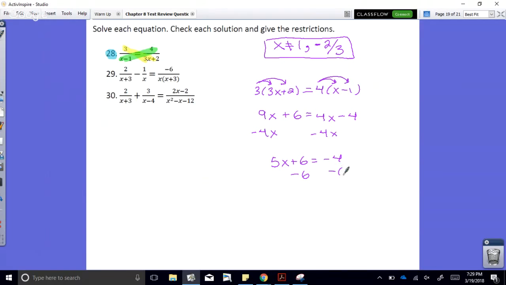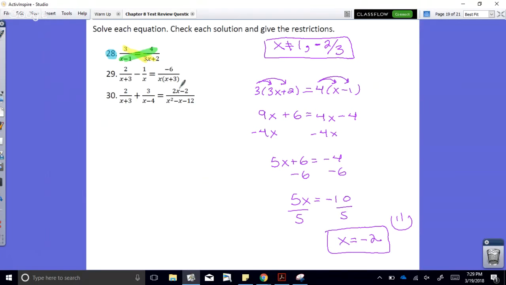I can subtract 6 from both sides. So 5x equals negative 10. Okay, the last phase, if I divide by 5, that gives me x is equal to negative 2. As long as you've done all your algebra right, and your answer is not one of your restrictions, then usually that is pretty good.